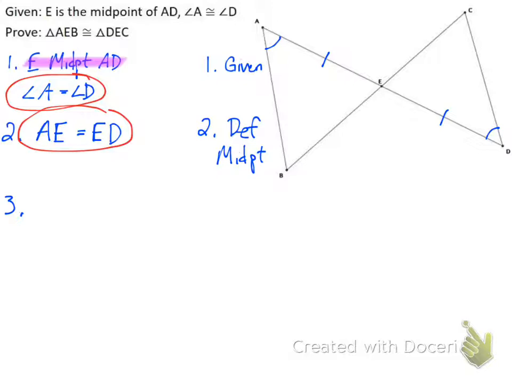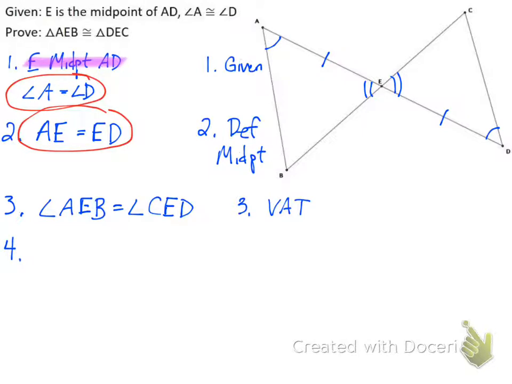When I look at my picture, it looks like a bow tie again, so I can say that these two angles are equal by vertical angle theorem. So the third thing that I can say is that angle AEB is equal to angle CED by vertical angle theorem.